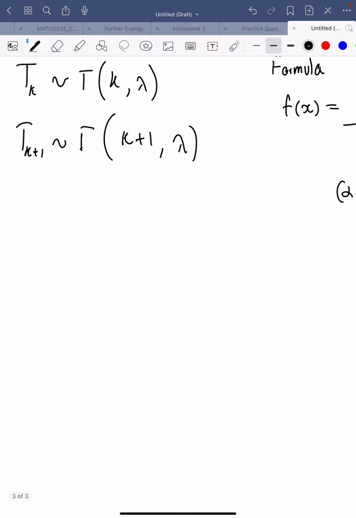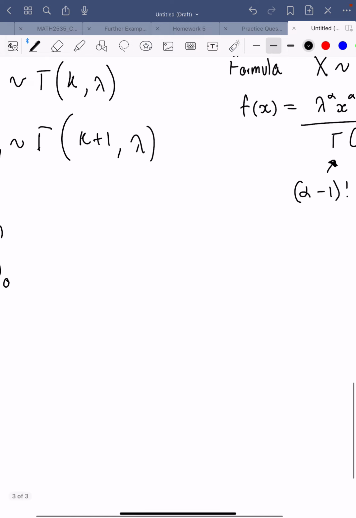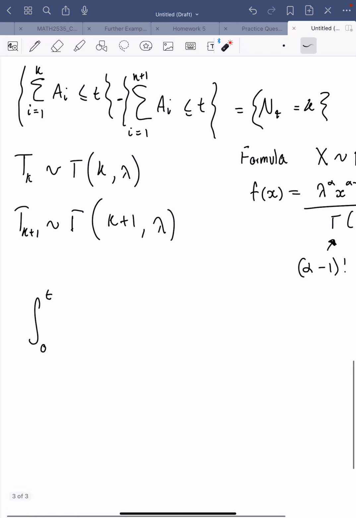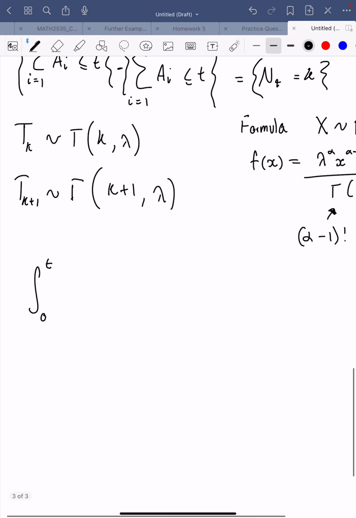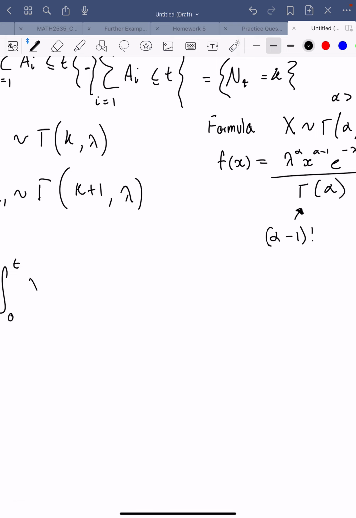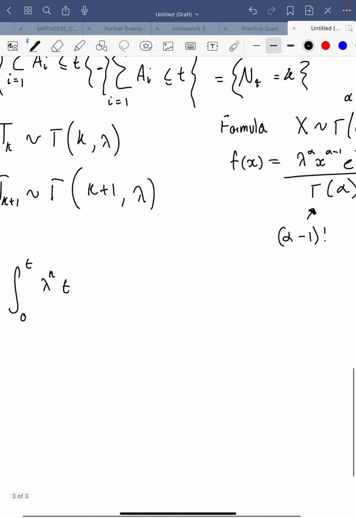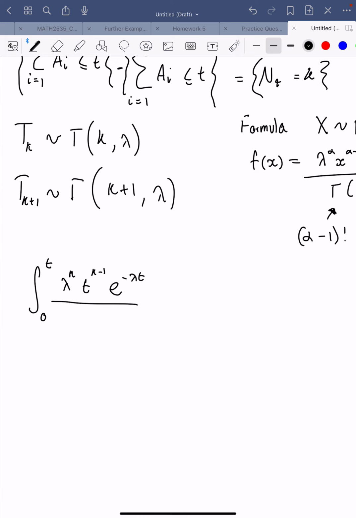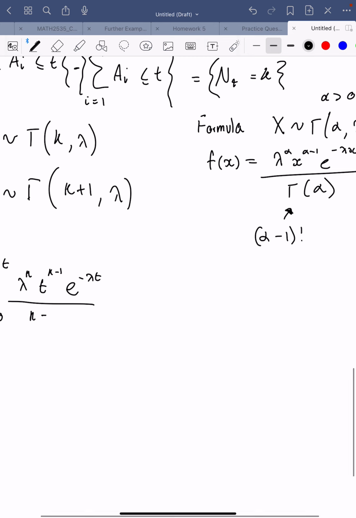So then we're also given, so we essentially want to work out the integral from 0 to t, because we're working in terms of t up here, using our T_k of lambda^k t^(k minus 1) e^(minus lambda t) over (k minus 1) factorial.